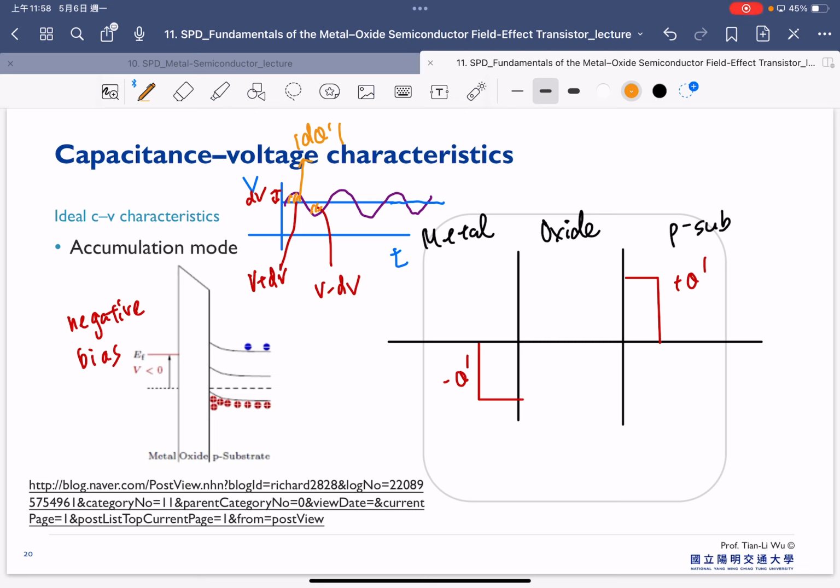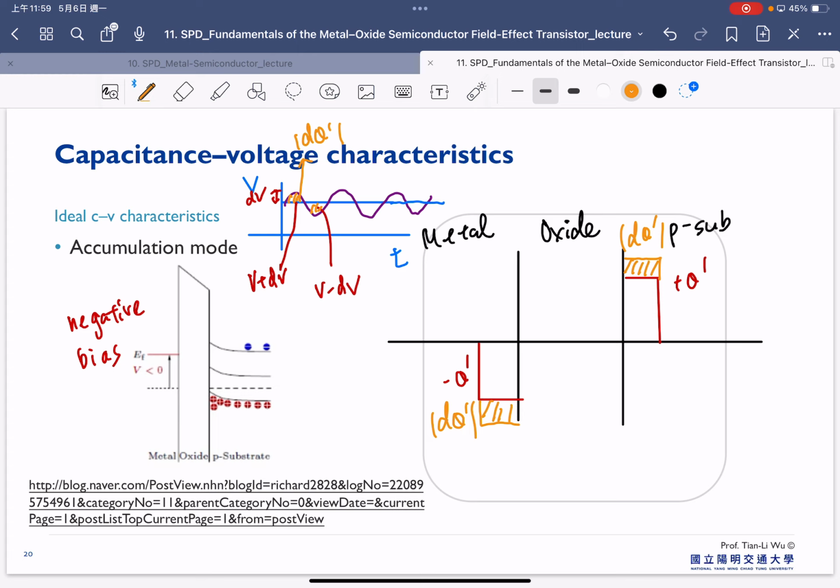So we can expect that sometimes, for example at this moment, the voltage applied is V plus dV. So you have the additional decoupling, and this decoupling will reflect here. And this decoupling also will induce additional decoupling in the substrate here.